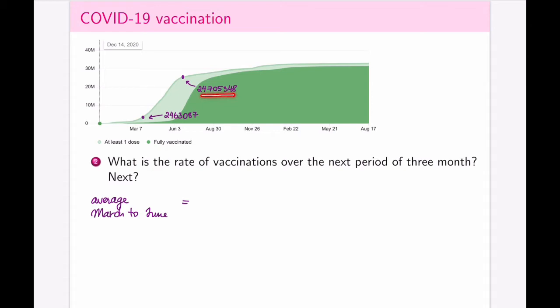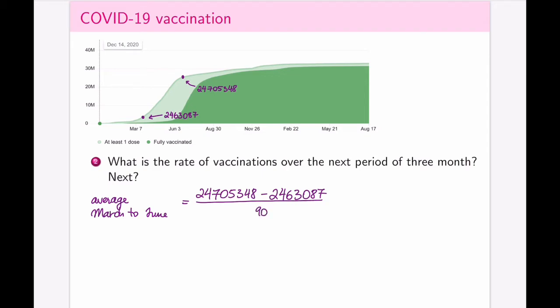So I'm taking all the vaccinations that I know have been administered by June, and I'm going to subtract out the number of vaccinations that have already been there in March. So minus 2,463,087. And I'm going to once again divide by the time period that I'm interested in.